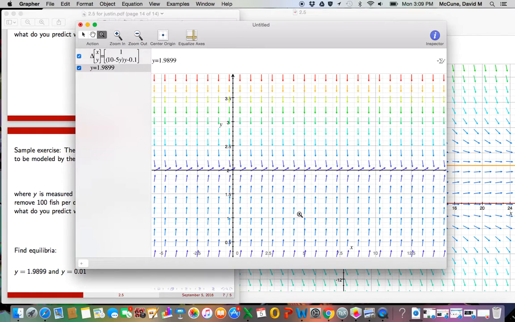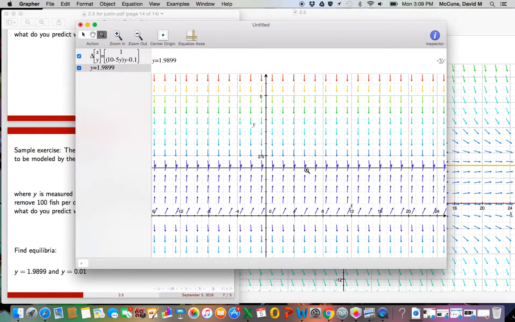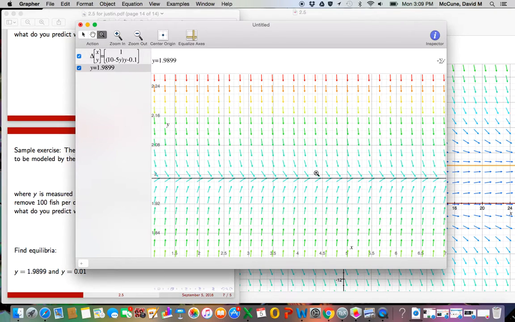So basically, when I've zoomed out too much, it doesn't quite know what to do with these arrows that are approaching that line. So when you zoom in, you can really see how they're really trying to get to that 1.9899. In particular, again, if you took the logic of the students from class, you would expect 1.9 to be the equilibrium. You started with 2, and now take 0.1 out of it.